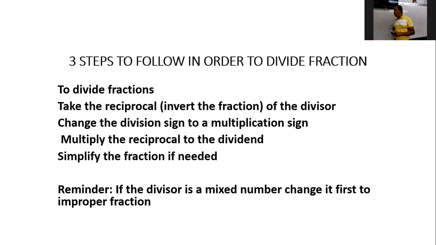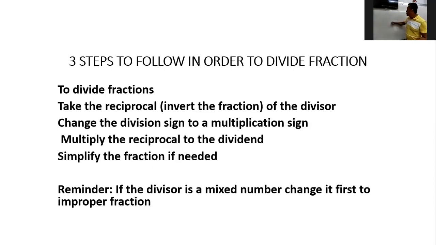Let me do a little writing here. For example, you have 3 over 4. It becomes 4 over 3. So invert means the numerator will become the denominator and the denominator will become the numerator. So that's how to do a reciprocal.